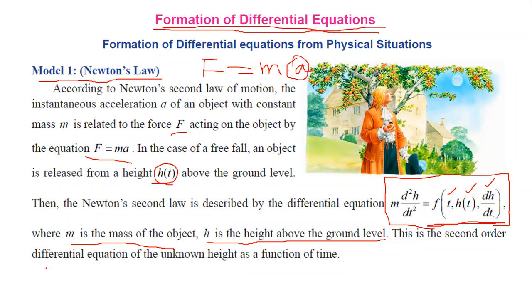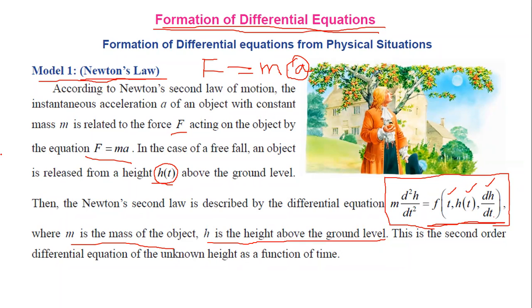This is the second order differential equation of unknown height as a function of time t. This type of model is called Newton's second law of motion. Whatever problem is written in the format of a second order ordinary differential equation, that problem is based on Newton's second law of motion.